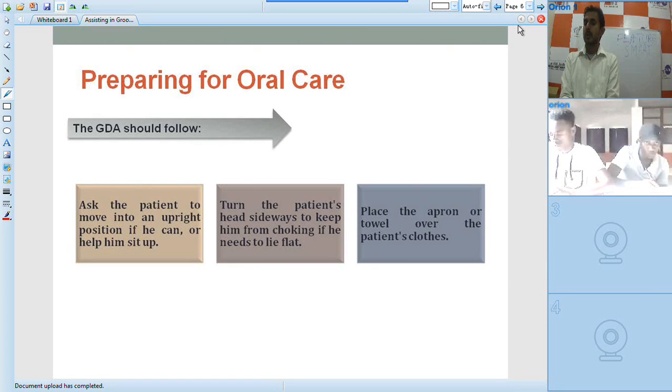You need to move the patient to one particular side of the bed. You need to place the apron or towel over the patient's clothes so the rest of the body stays clean and you do not need to clean it again after the oral care. The apron or towel must cover the area below the neck of the patient.